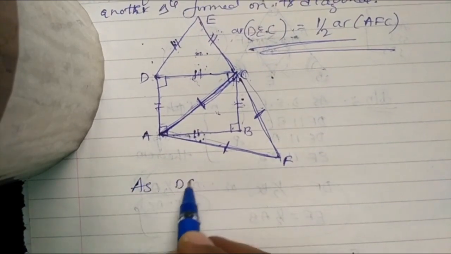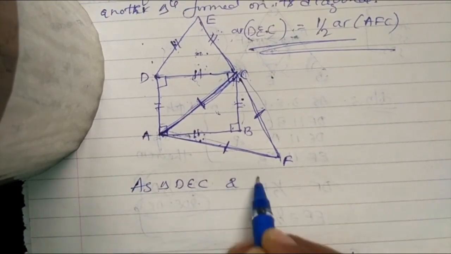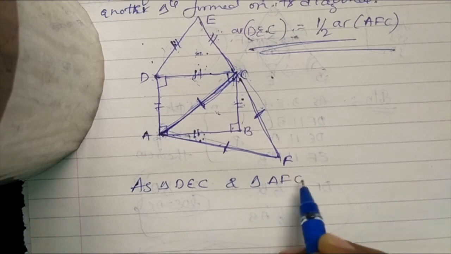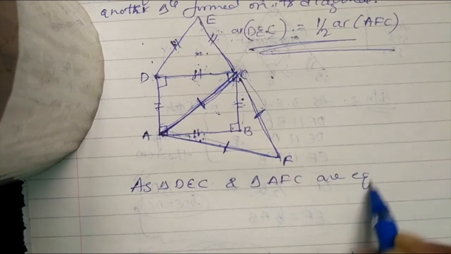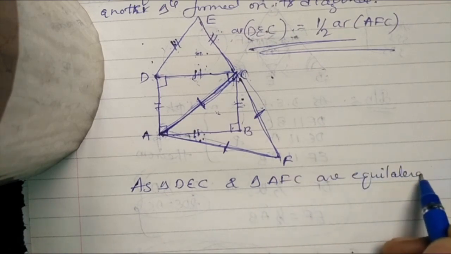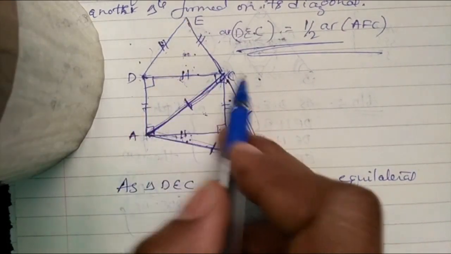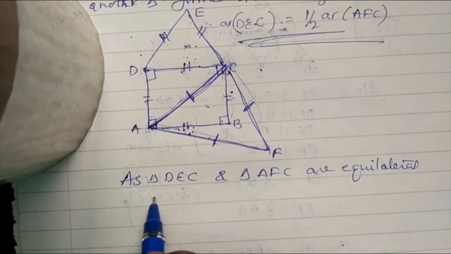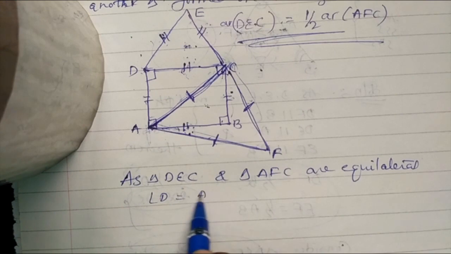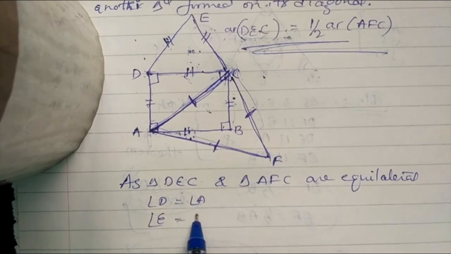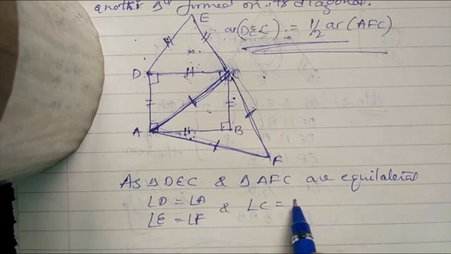As triangle DEC and triangle AFC are equilateral, angle D equals angle A, angle E equals angle F, and angle C equals angle C. Why?